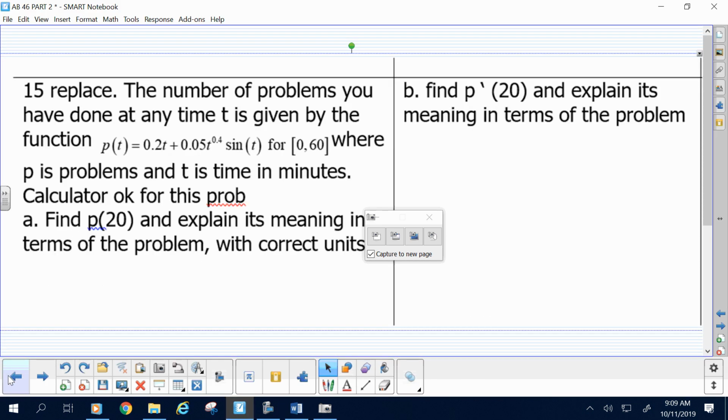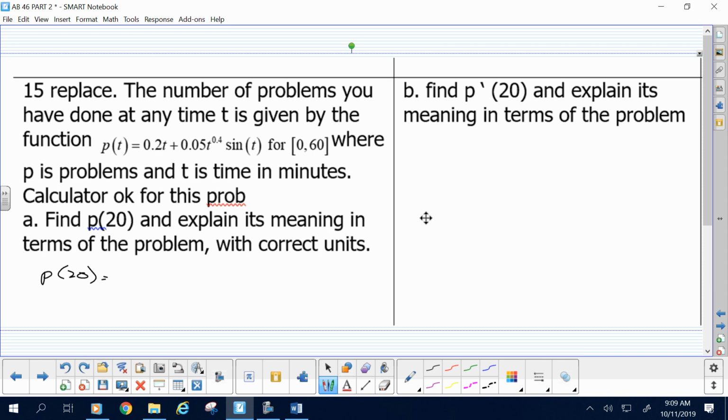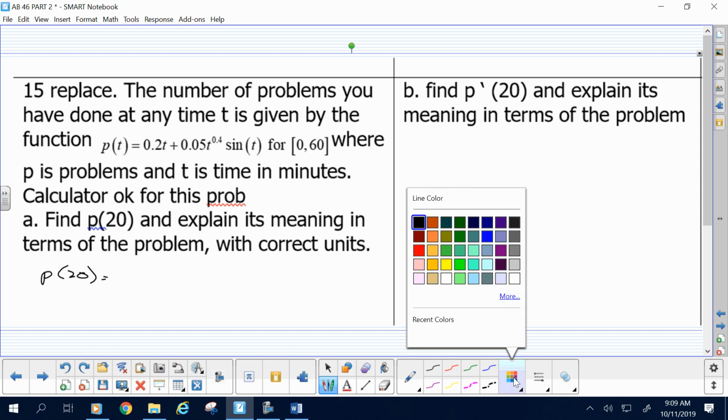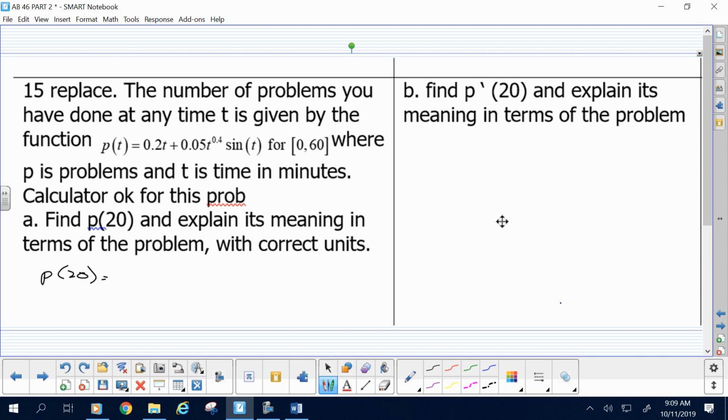All right, so 15. P of 20. P of 20 is, what'd you get there? Something decimal-ish?